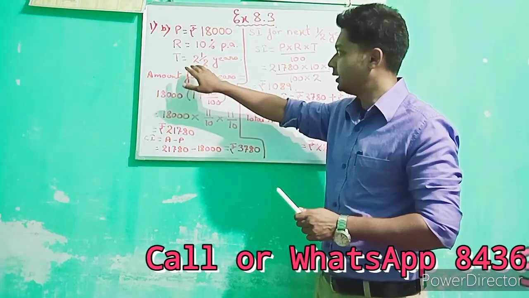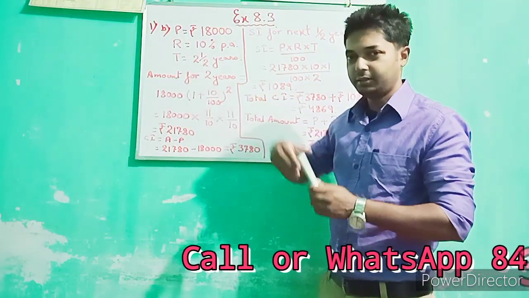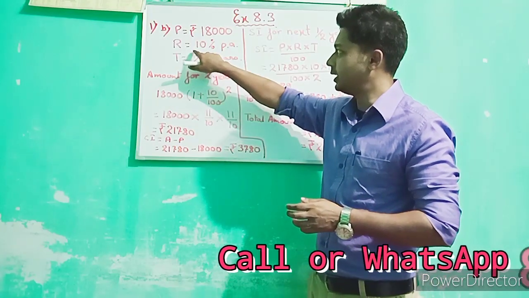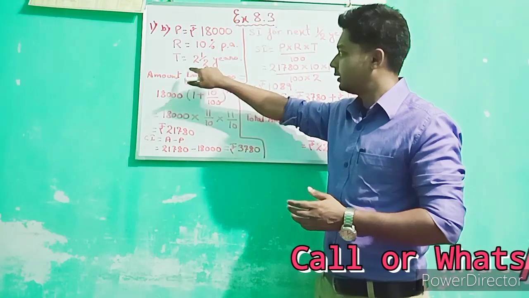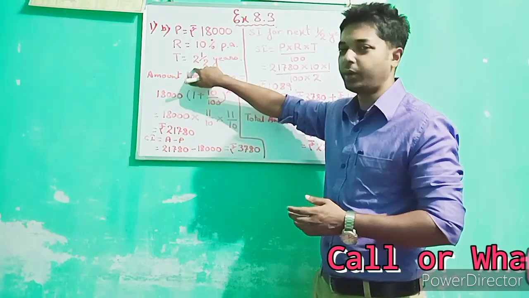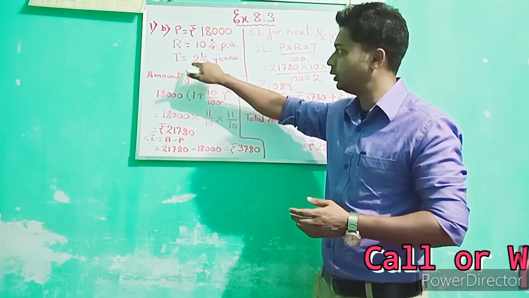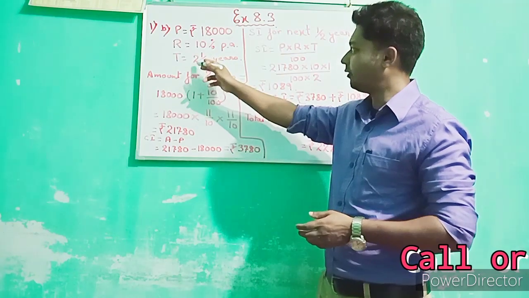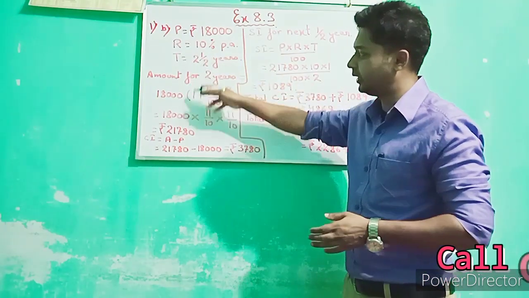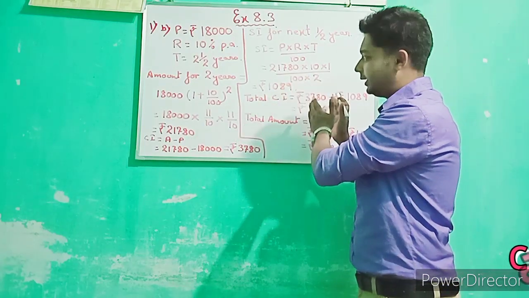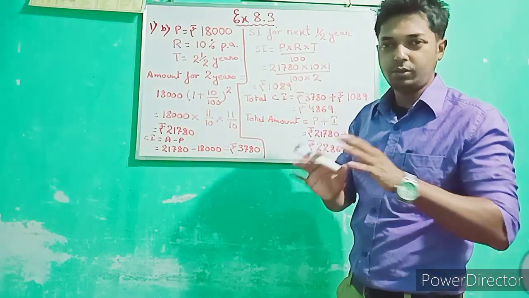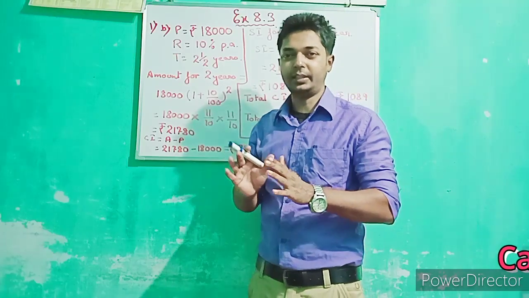Since the rate is 10% on an annual basis, this will be calculated twice. The rate will be included twice. And for the half year, since it will be difficult to calculate in the CI method, we will be calculating the half year separately in the SI method. So just don't worry, I'll explain everything in detail.